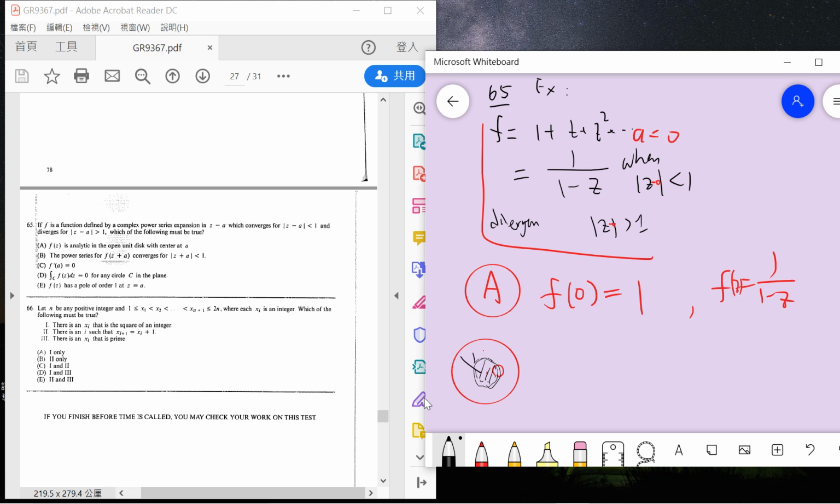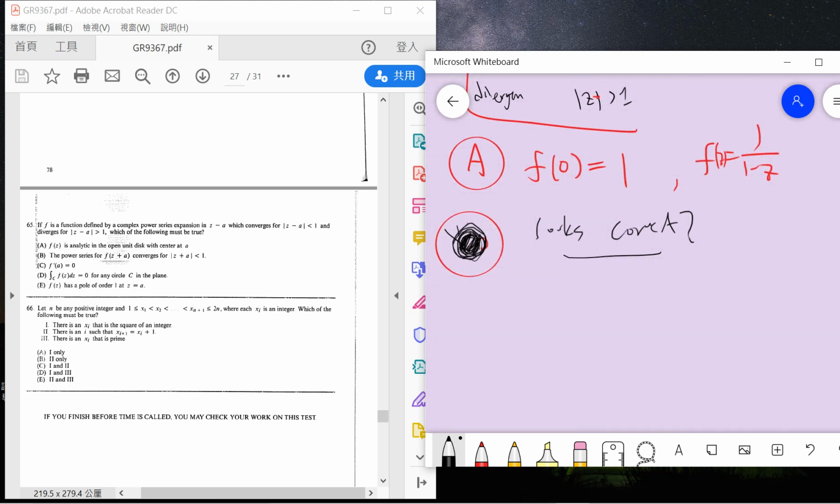So if you pick a small disk in this region, f of z is analytic. So A looks correct. Actually, we don't know whether it's correct or not, but at least it does not violate our knowledge.